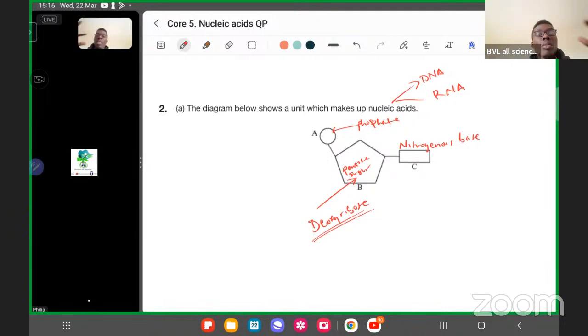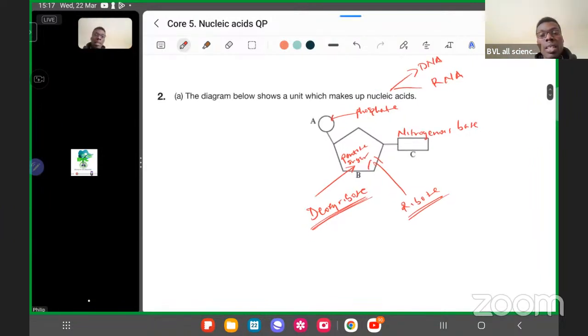But there's a bit of difference in the arrangement of hydrogen and hydroxyl atoms at carbon 2, which varies between deoxyribose sugar if it is in DNA, or ribose sugar if this is from RNA. All right. So basically, this is the major thing.